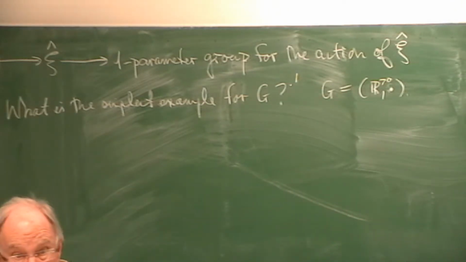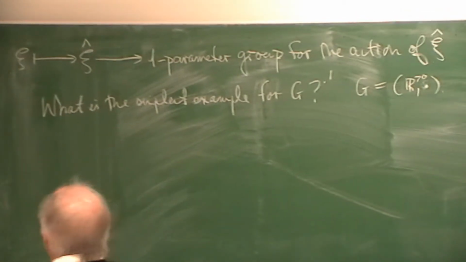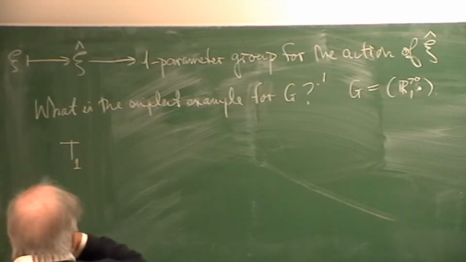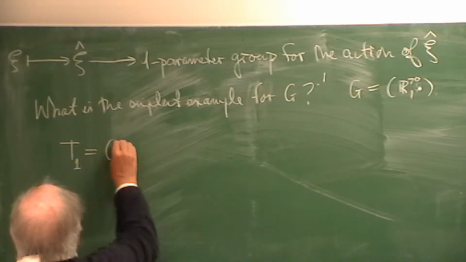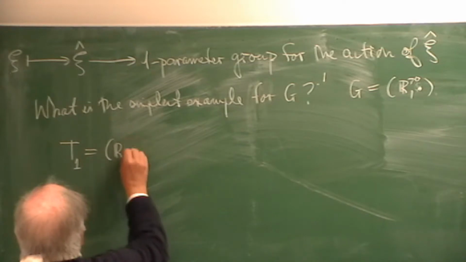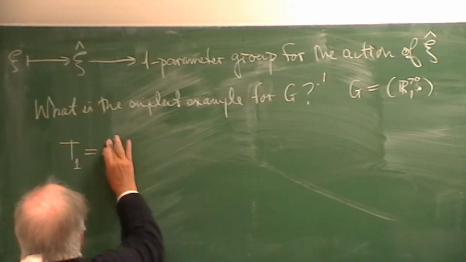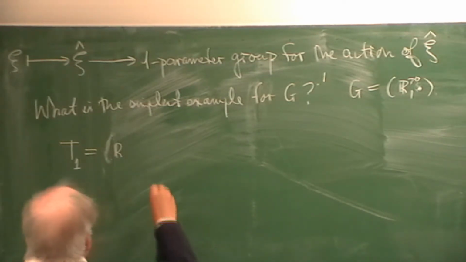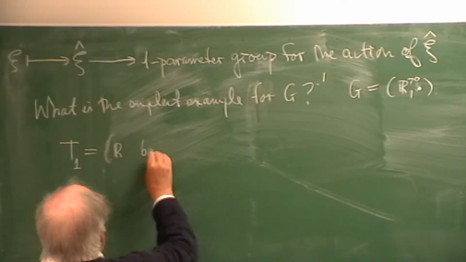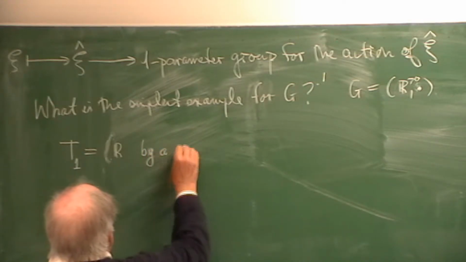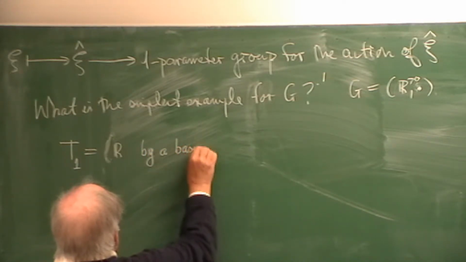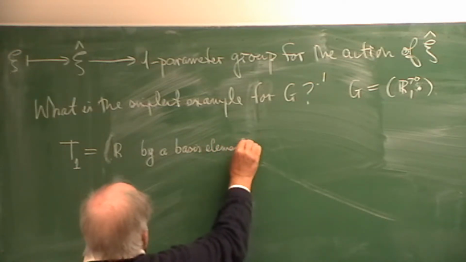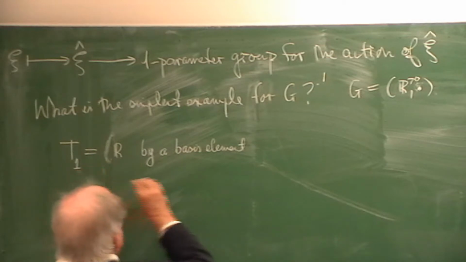It's a Lie group, and the tangent space at the identity, which is 1, can be identified with the real numbers by a basis element of the tangent space.